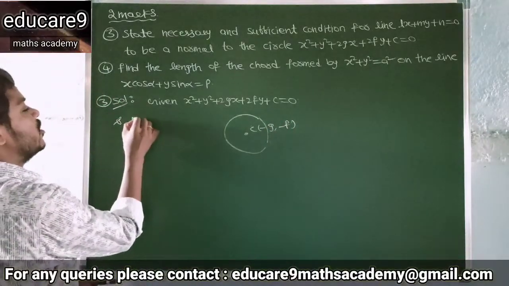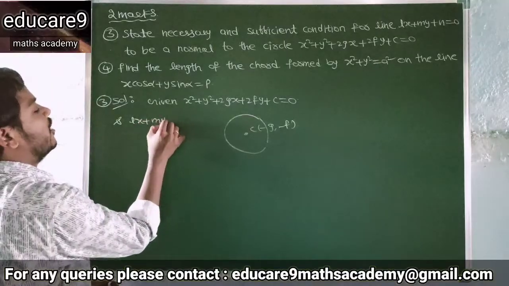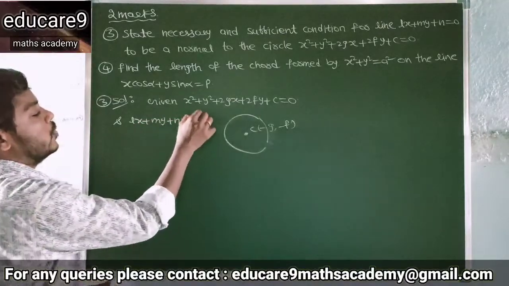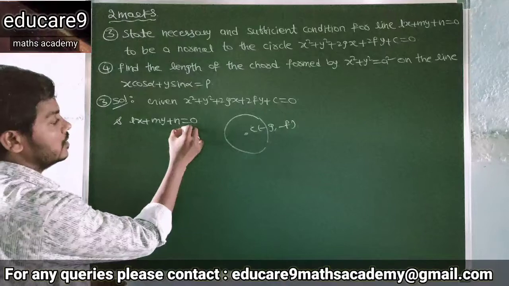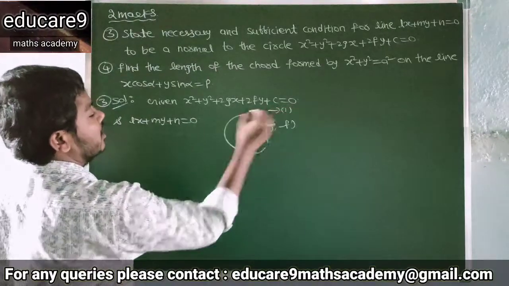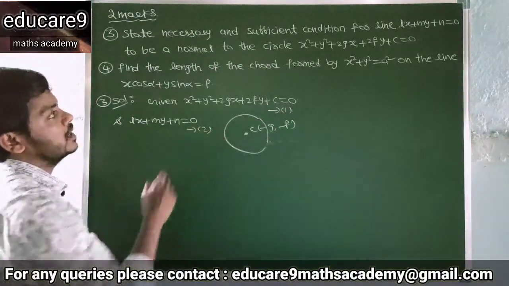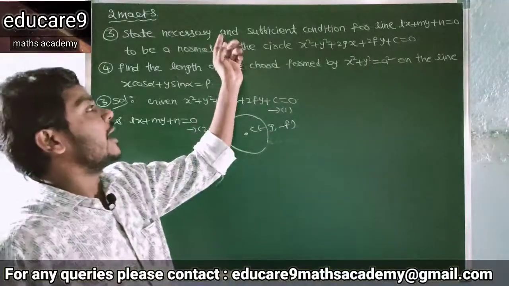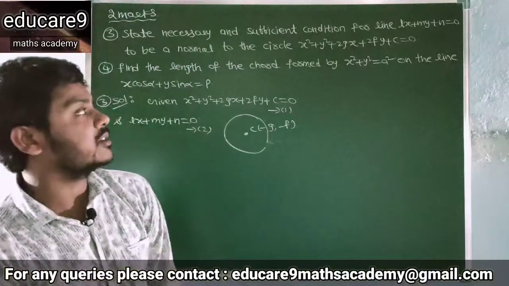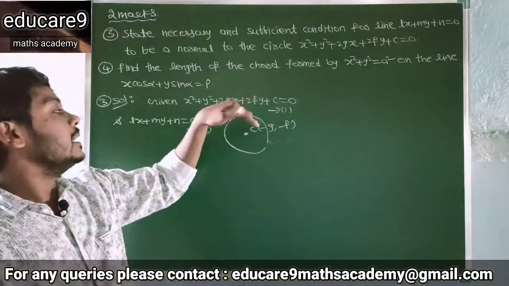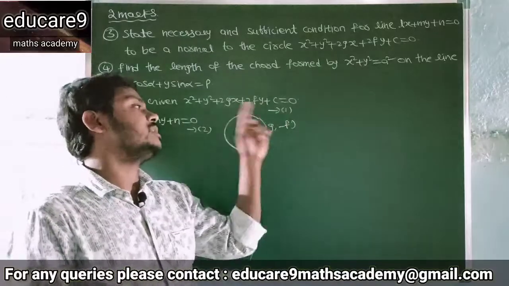And the given line is lx plus my plus n is equal to 0. So this is equation 1, this is equation 2. Here you need to find the necessary and sufficient condition for the line to be a normal to circle 1.